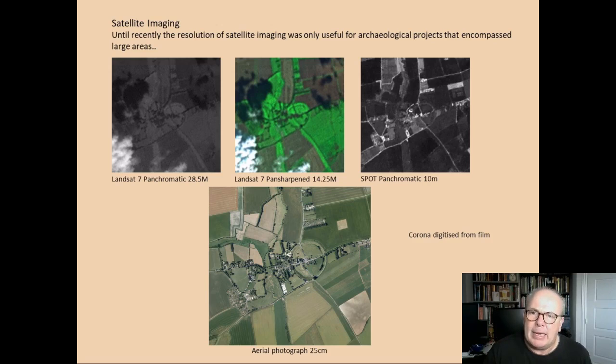The same image from Landsat 7 here is taken, but it's been pan-sharpened, and when it's pan-sharpened it increases the resolution to 14.25 meters. Now if you look at that and you look at that one, you see that 14.25 is exactly half of 28.5. This data isn't collected at a higher resolution, but it is processed in such a way that it has a higher resolution.